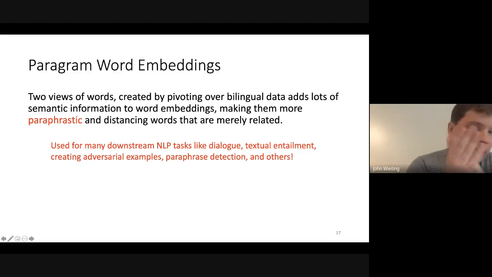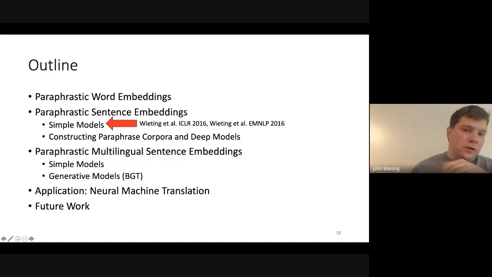These embeddings have found many uses in the NLP literature over the years, from dialogue to entailment to adversarial examples, and even some more.